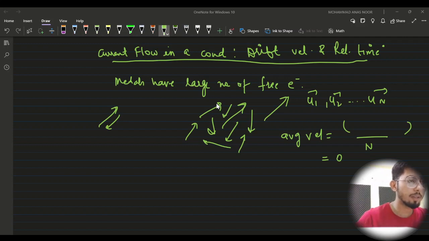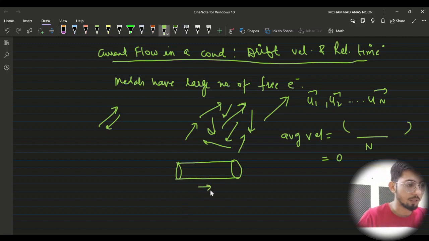But when you apply an electric field to a metal, the field applies a force on the electrons as well as on the positive charges.